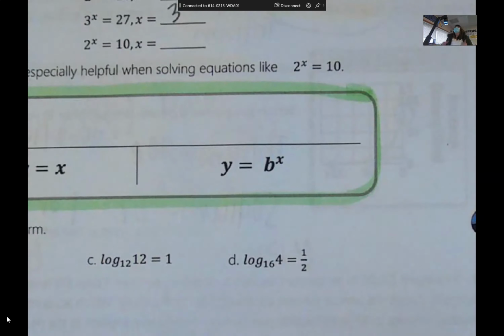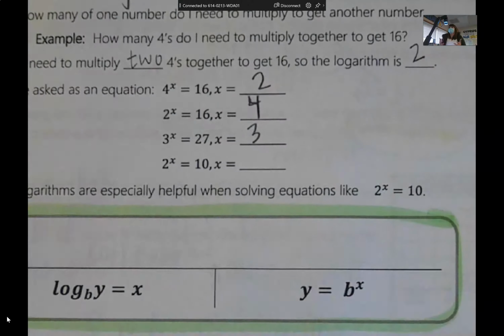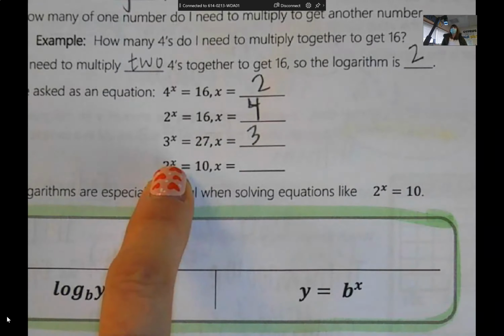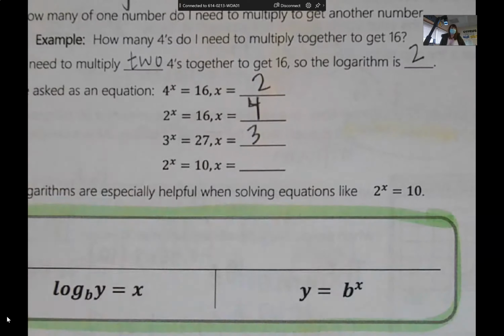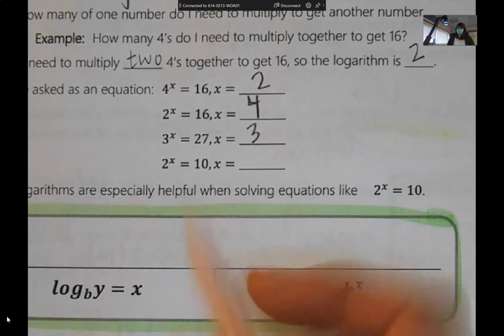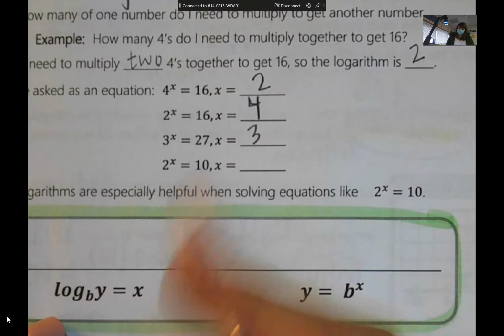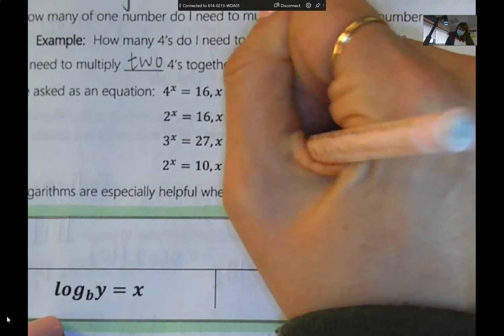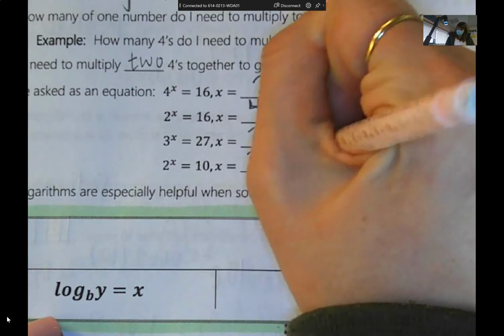So, turns out that we don't have a nice whole number to put here to make 2 into 10 by multiplying it together. But we can use a logarithm to find out. And it turns out that you would raise it to the 3.3219.